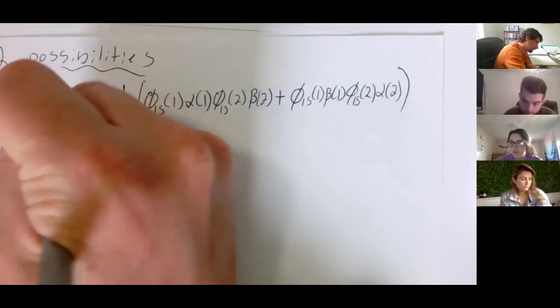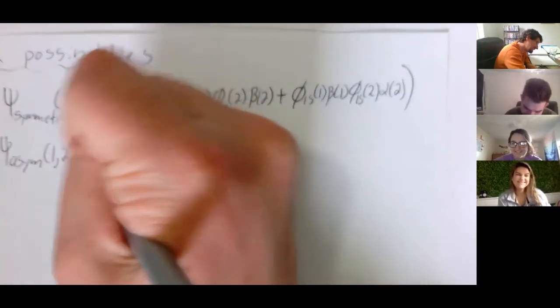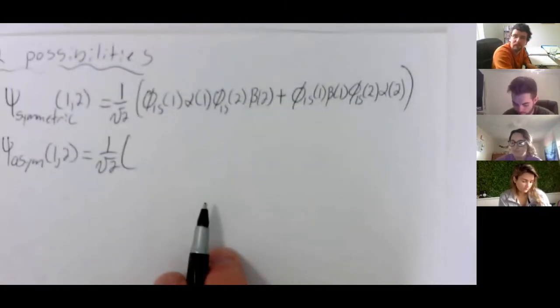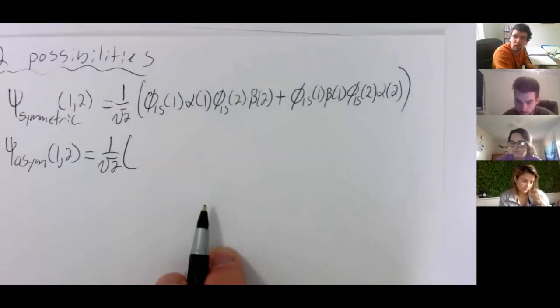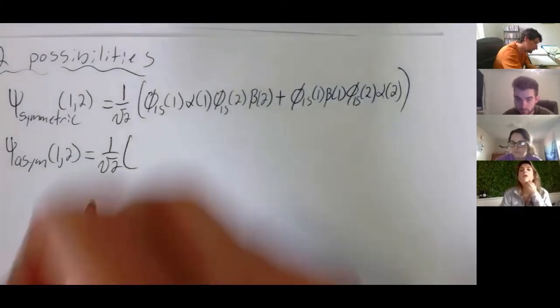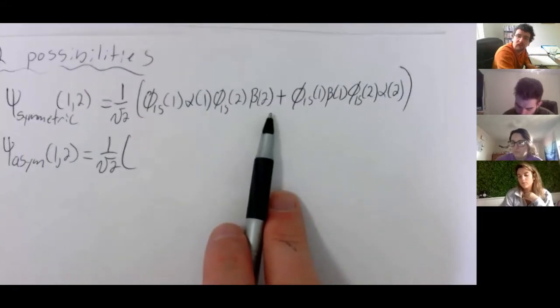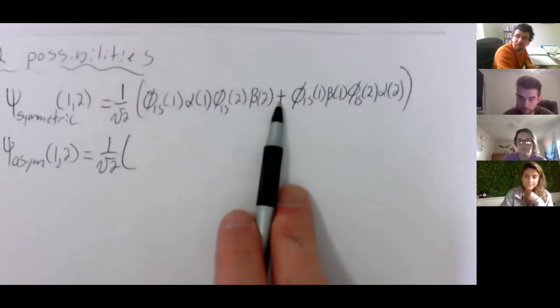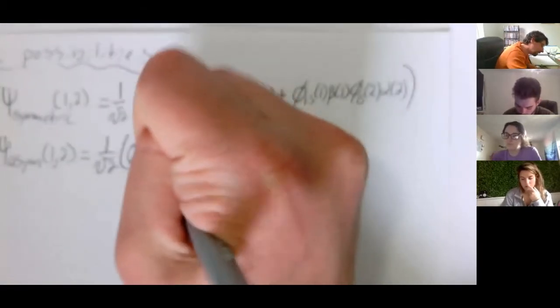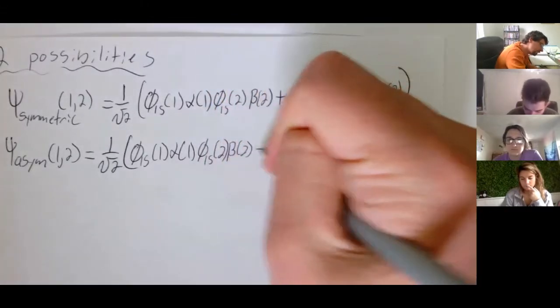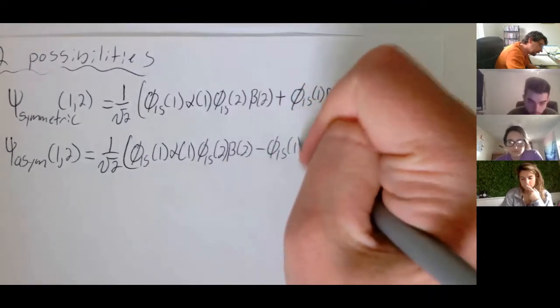And how are these two functions going to differ? Yep, there's a negative. There's just a minus sign here instead of positive: 1s(1) alpha(1) 1s(2) beta(2) minus 1s(1) beta(1) 1s(2) alpha(2).